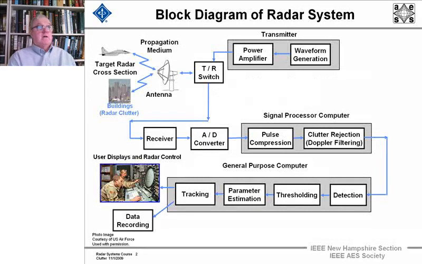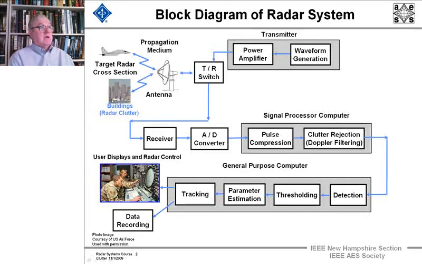Okay, here we have our block diagram of the radar system. And the important thing here is the radar pulses are transmitted out through the antenna. They collect echo data on the targets.